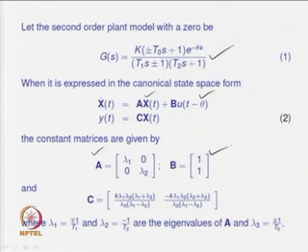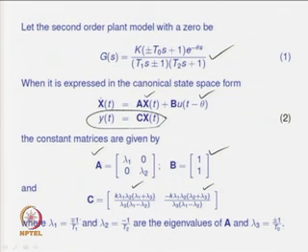Similarly, when the output equation y t is equal to C x t is considered, C becomes k times lambda 1 (lambda 2 plus lambda 3) divided by lambda 3 times (lambda 1 minus lambda 2), and minus k lambda 2 (lambda 1 plus lambda 3) divided by lambda 3 times (lambda 1 minus lambda 2).